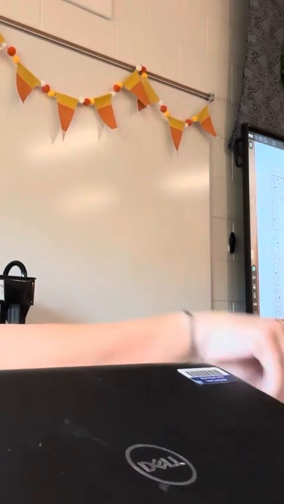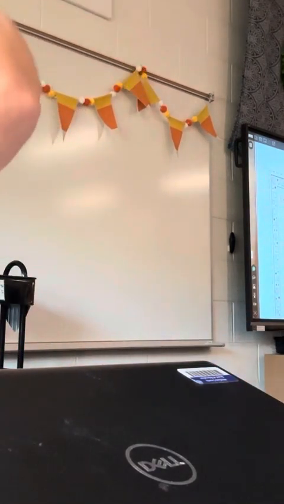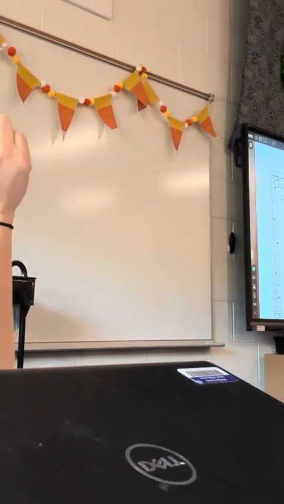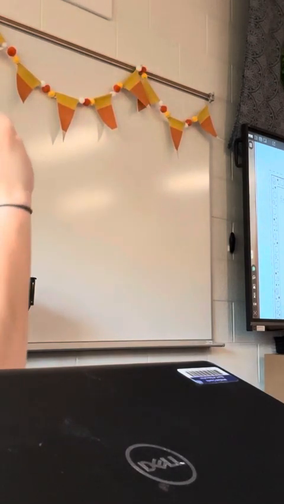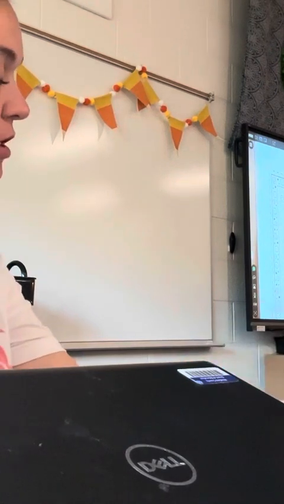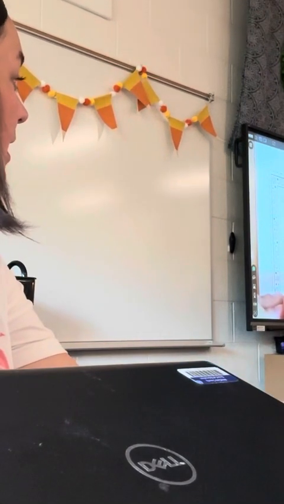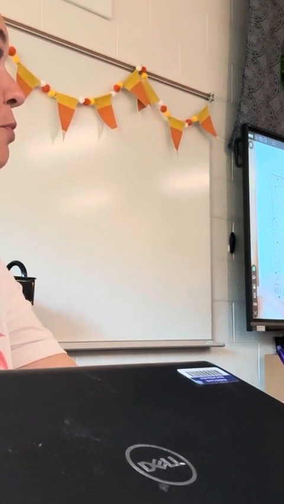Okay. Now, if you were in Miss Daniel's class, she calls this the cowboy dance. Okay? Think about it this way. This is your cowboy out here. And the cowboy wants to dance with all the pretty ladies, right?